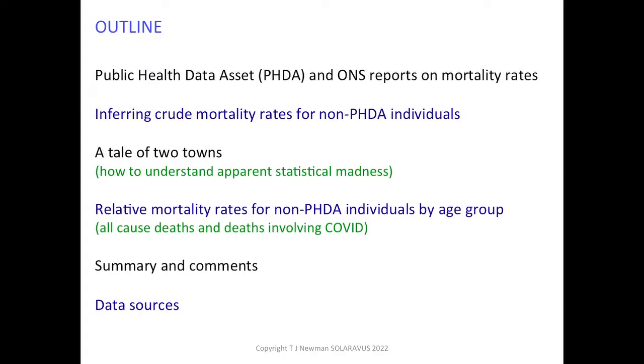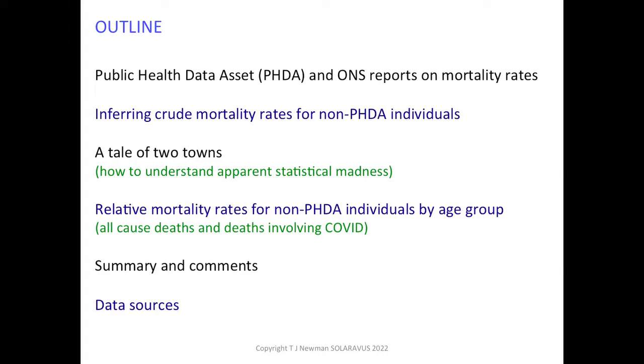First, a quick outline of the presentation. I'll briefly talk about the databases that the ONS uses to calculate mortality rates, and then I'll go through in some detail how we can infer what are called crude mortality rates for individuals that are outside that official database.